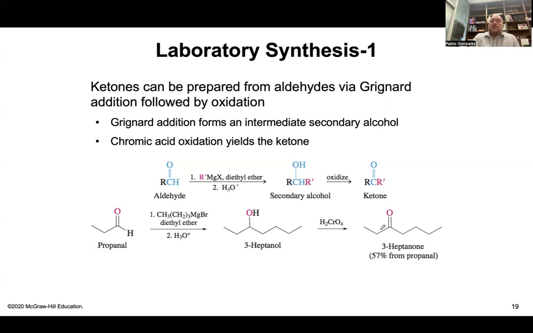We have the 3. In this case, 1, 2, 3. Heptanone has to be 7 carbons. So once again, aldehyde in the presence of a Grignard addition, and then we can add oxidation conditions to obtain the ketone.